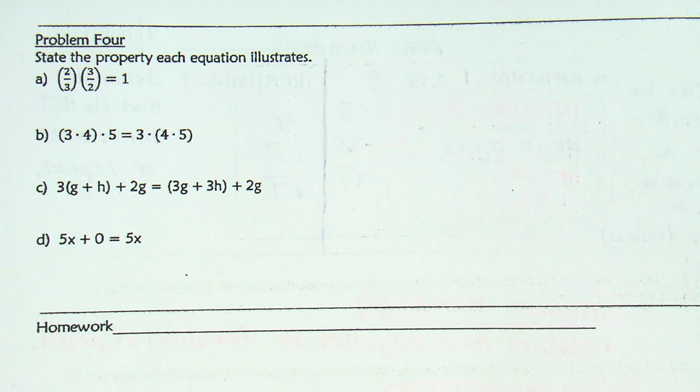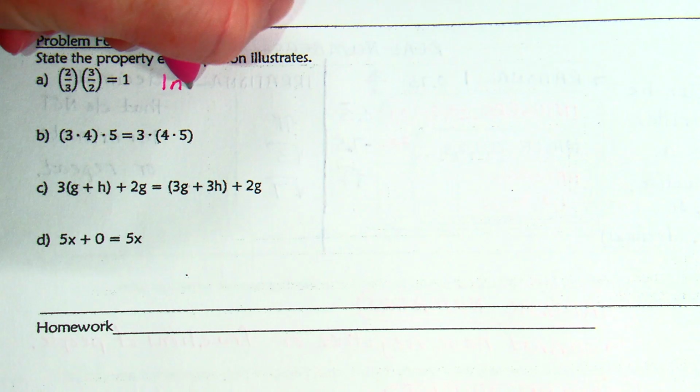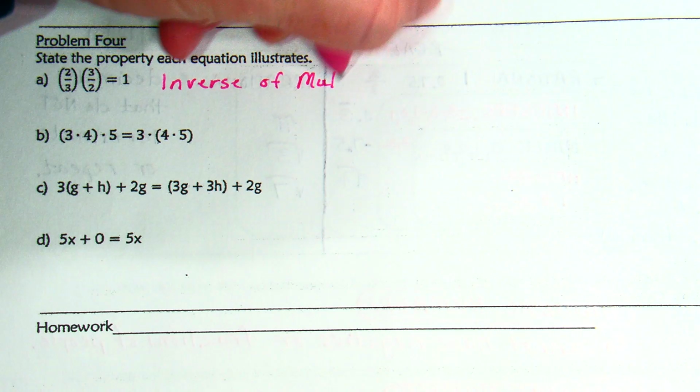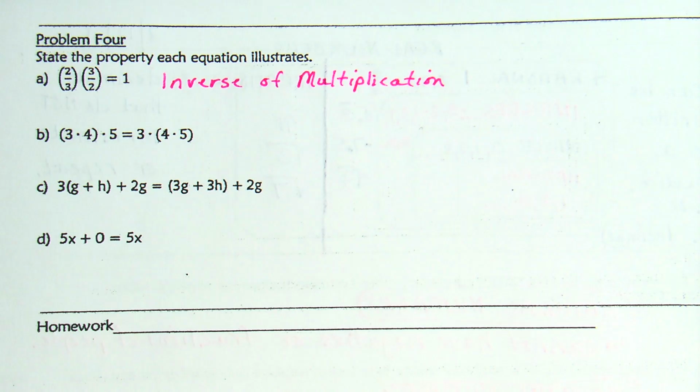So this is the inverse property. And officially, it's the inverse property of, is this addition or multiplication? Multiplication. Had I thought about it sooner, they might call it the multiplicative inverse. I don't remember their wording.